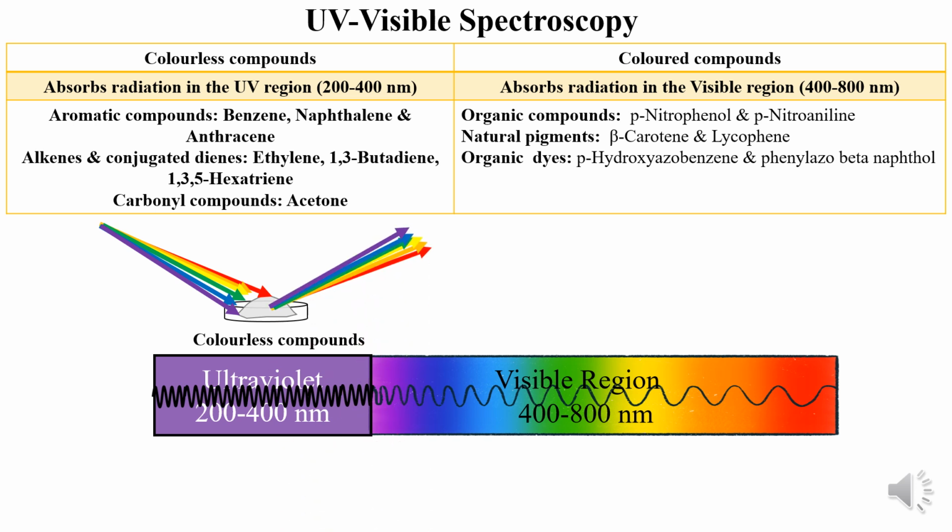So none of the wavelengths in the visible region are absorbed by these colorless compounds, and the entire incoming radiation is reflected back unabsorbed, and when it strikes the retina of the human eye, it produces a characteristic color and it is perceived as a particular color as seen by the observer.